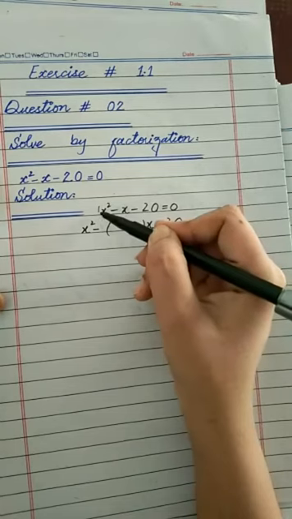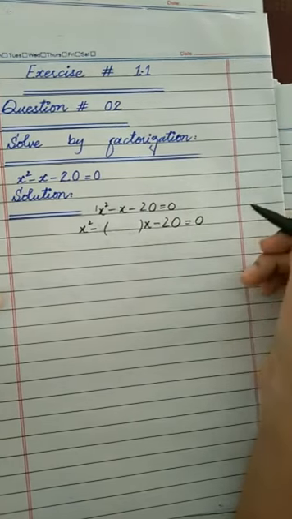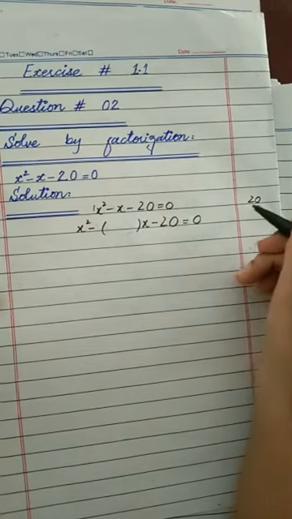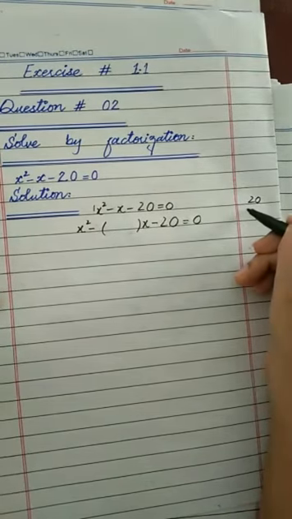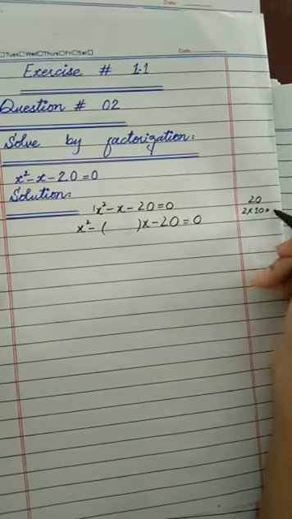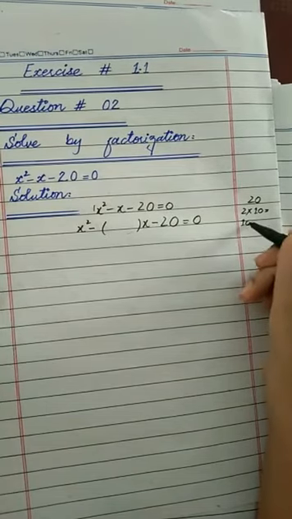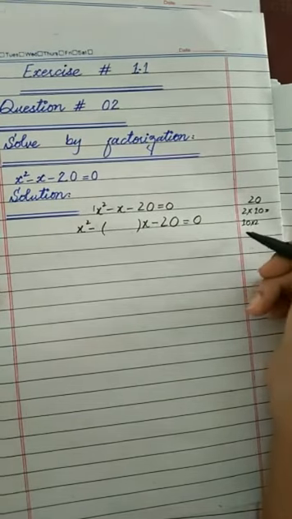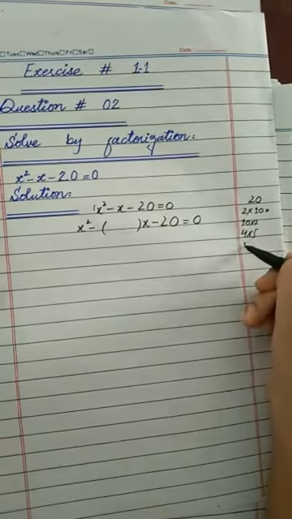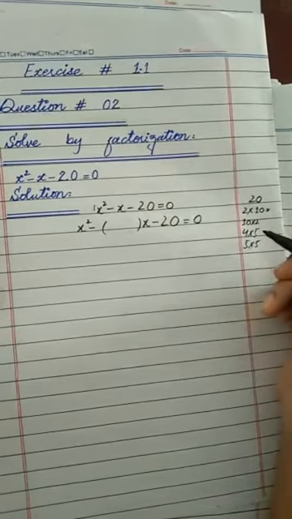We multiply 1 by 20 and get 20. Now we have to make its factors. Factors mean 2 multiplied by 10 gives 20, 10 multiplied by 2 gives 20, 4 multiplied by 5 gives 20, and 5 multiplied by 4 gives 20.